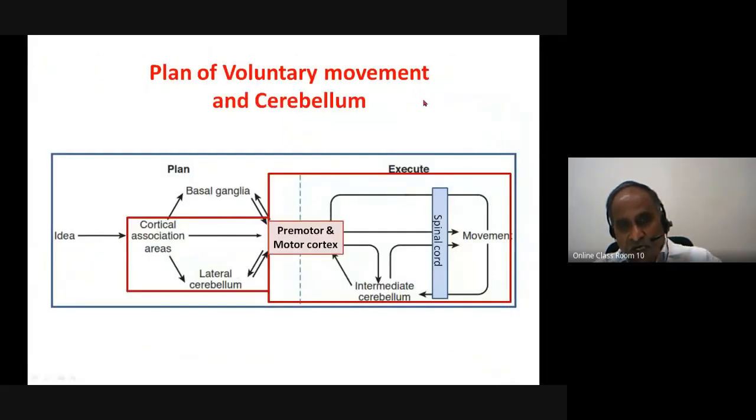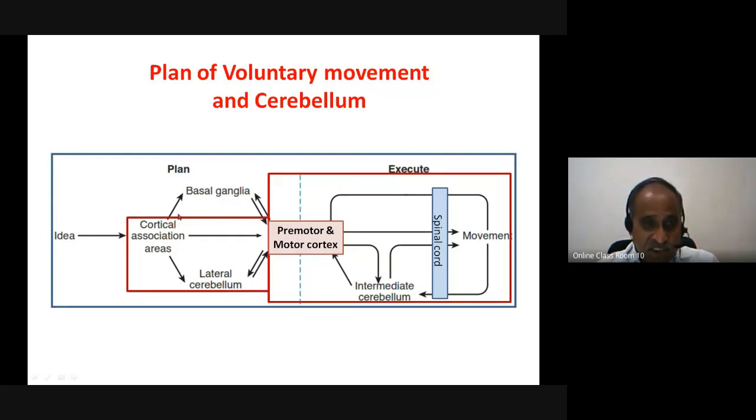If you are going back with that plan of the voluntary movement, where the cerebellum fits in. Look here, cerebellum fits in at two levels. One here in the planning level. This is the planning level.